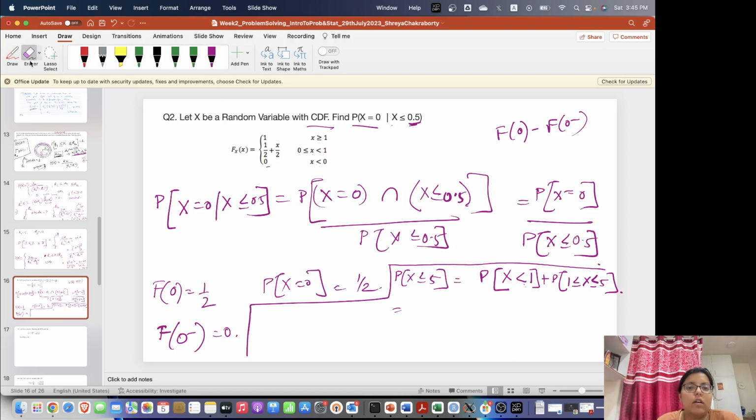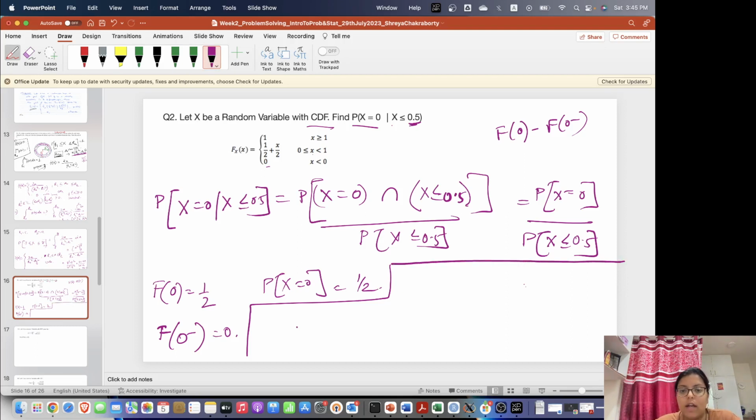All right. So the numerator value, I'm really sorry for this typing mistake. Now probability x less than equal to 0.5: here x falls between 0 to 1. So f of 0.5 will be half plus 0.5 by 2. That is half plus 1 by 4.